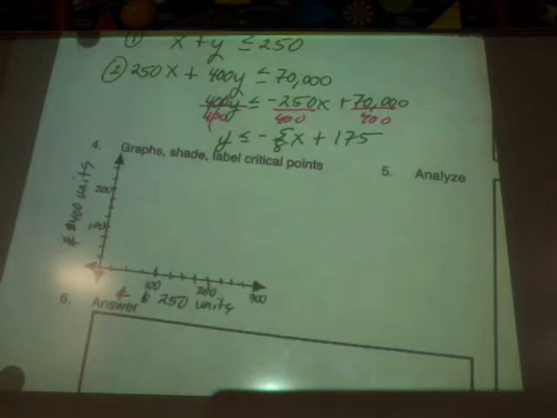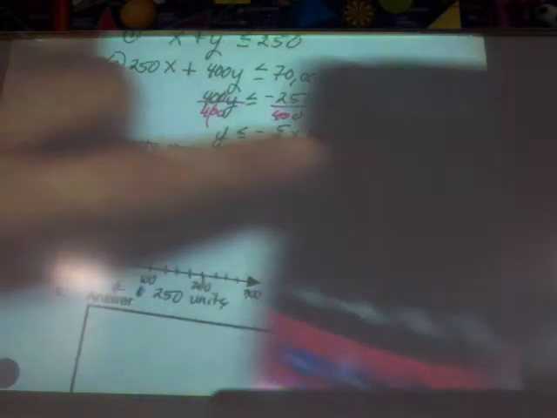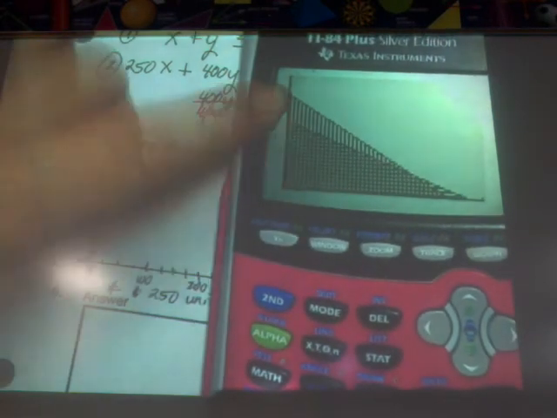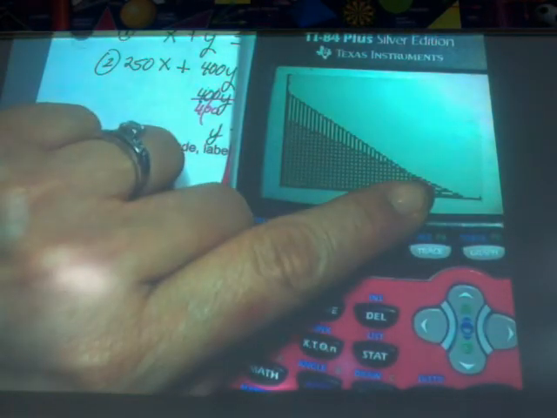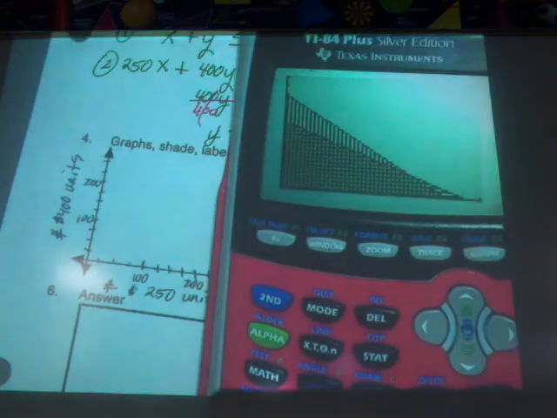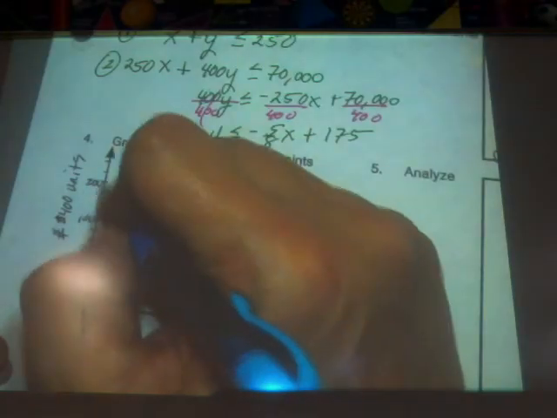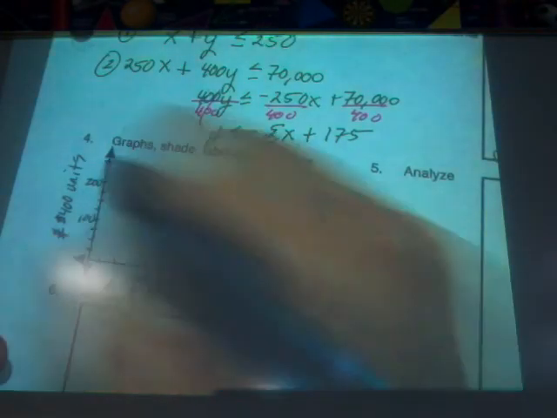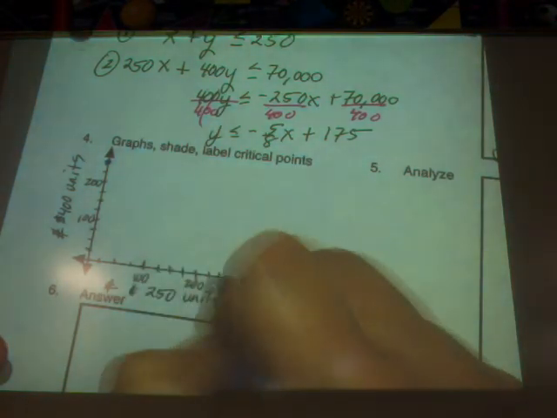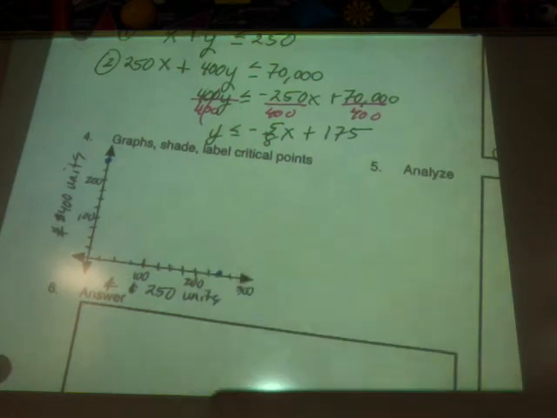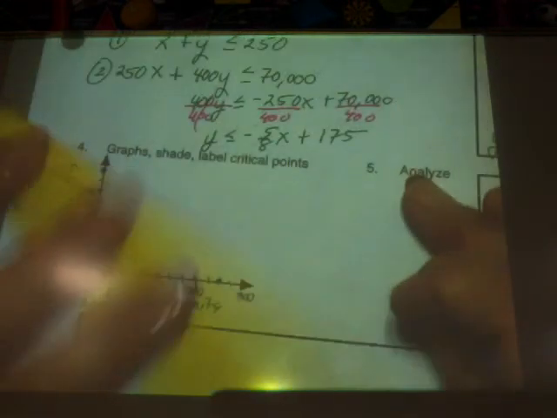So first of all, this line right here is at 250, and that's at 250 down here. If you don't know, trace. So I have one line. $250, and this is at 250. Straight edge.